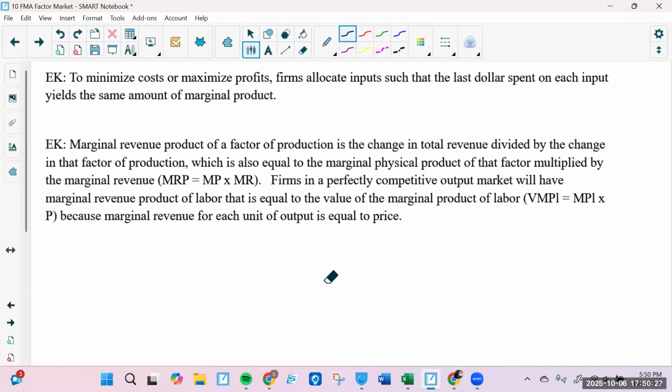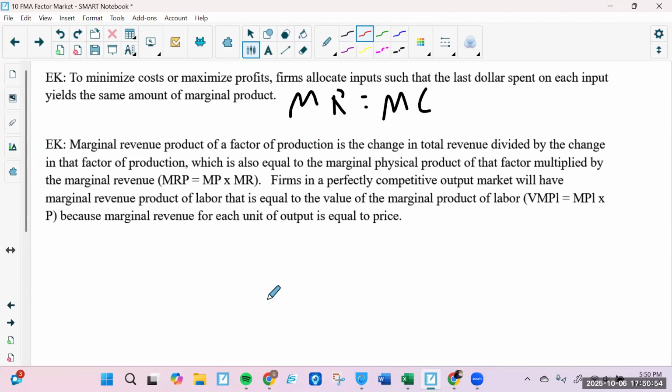It's really marginal revenue is equal to marginal cost. Okay. The last dollar spent, marginal cost, yields the same amount of marginal product. Okay. But ultimately, you're going to then sell that product to bring in the revenue. Okay.